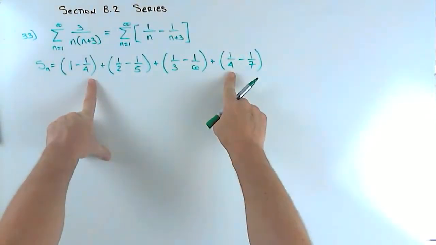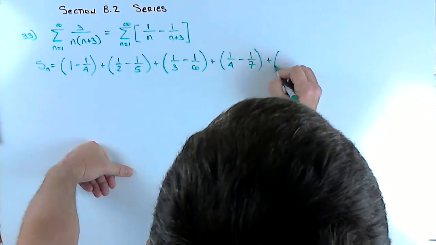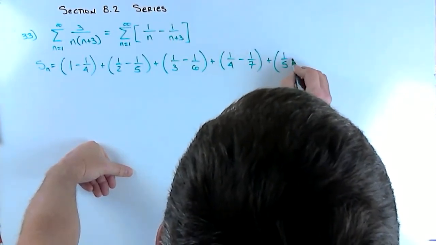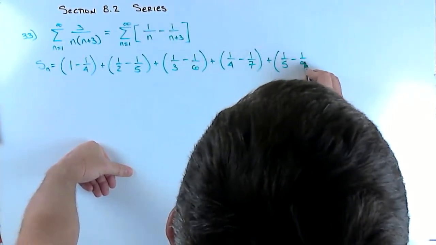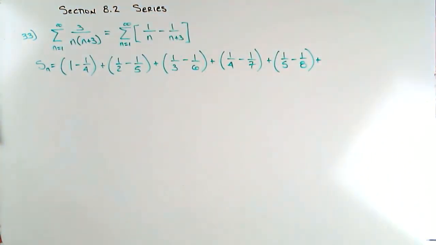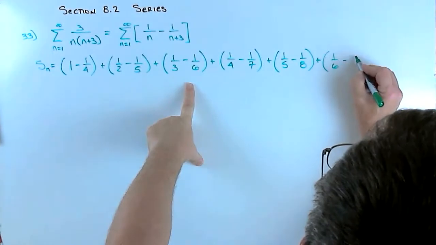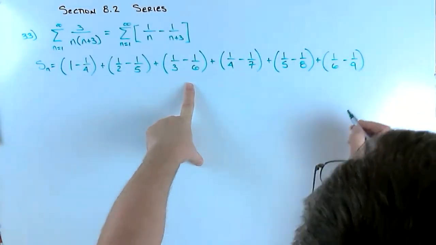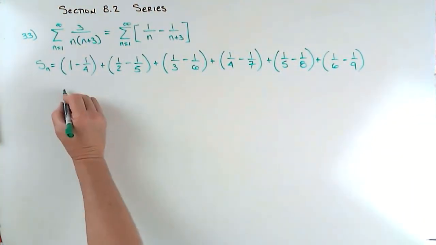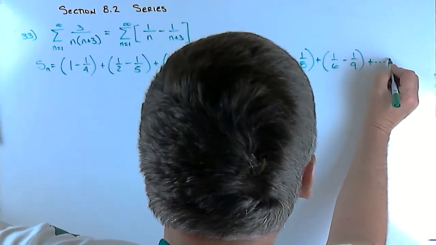And so finally, we got something that canceled. When we put a 5 in here, we're going to get 1/5 minus 1/8. When we put a 6 in here, we're going to get 1/6 minus 1/9.